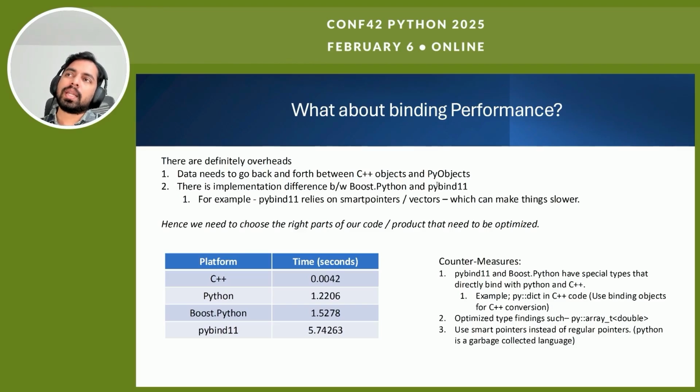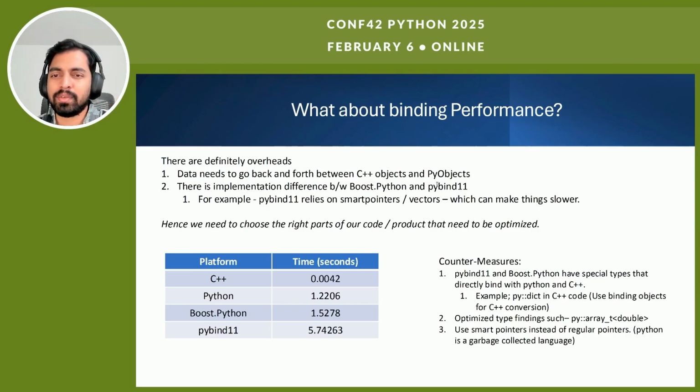But given all this, what about the overall binding performance? The idea is to move pieces of code into C++ and then make the C++ code and the Python code talk to each other. But in terms of binding performance, are there any overheads? There are definitely overheads, because data needs to go back and forth between C++ objects and Py objects.